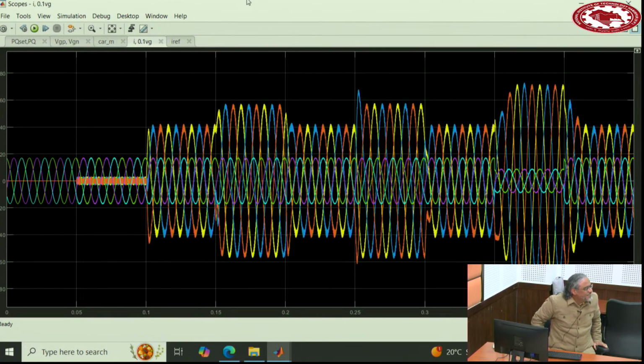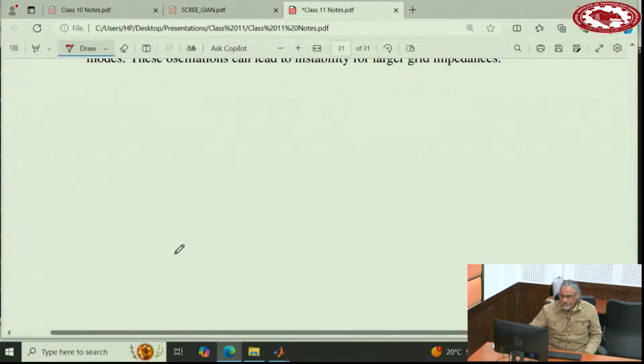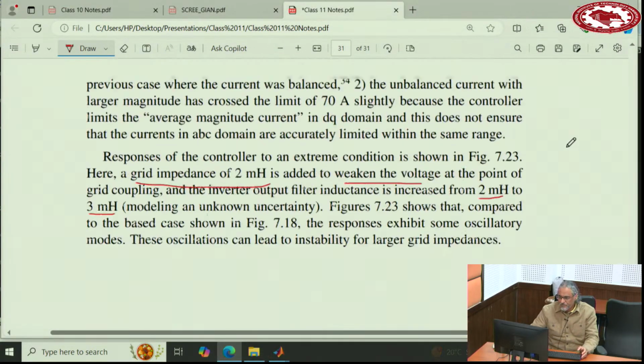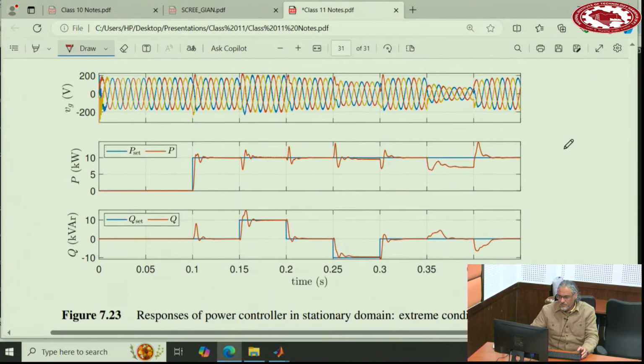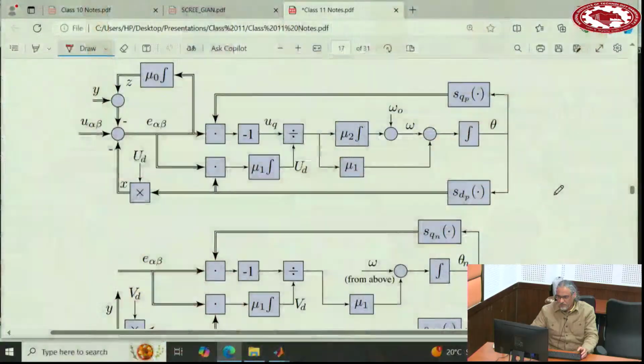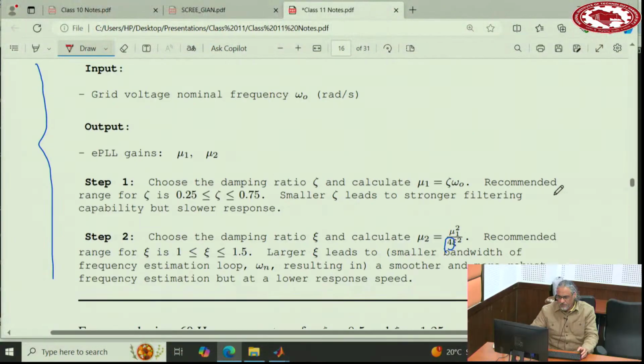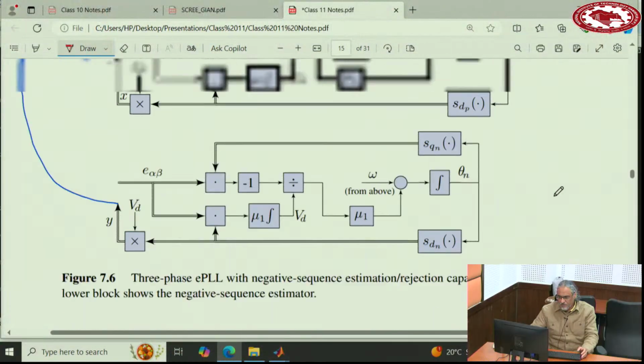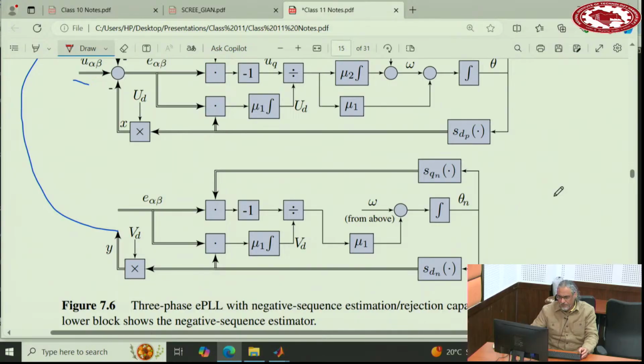Say it again. Sure. Which figure? 7.7.6. Okay. This one. All right.